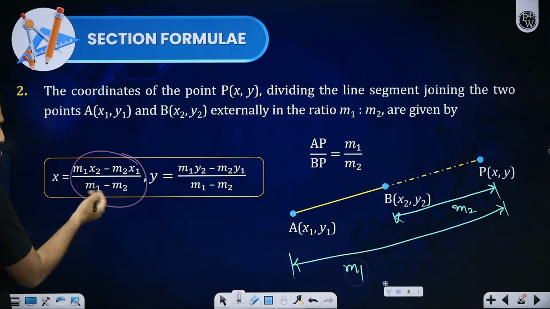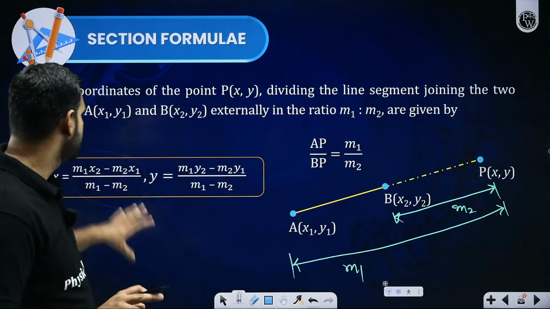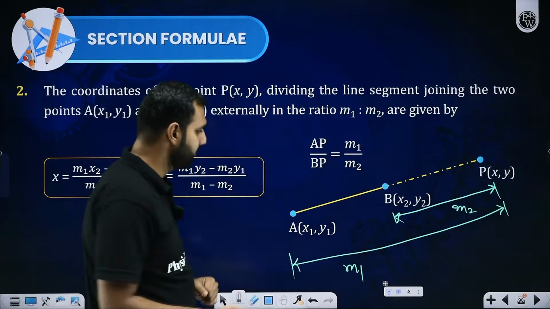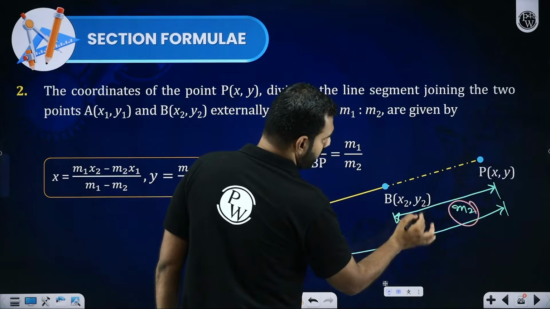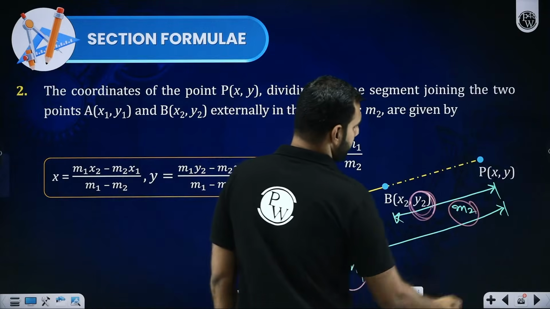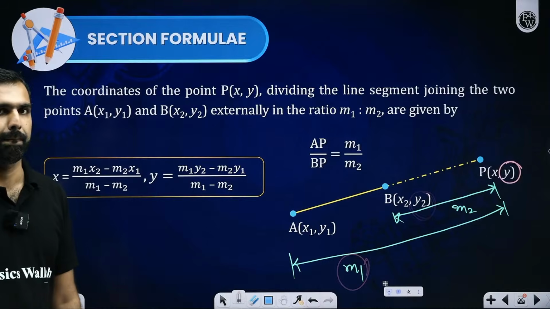If you take the negative sign common from the numerator and denominator, it will become what I have just said. So the formula written over here and what I have just said is the same. And y1 into m2 minus y2 into m1 divided by m2 minus m1 will be the y coordinate of P.